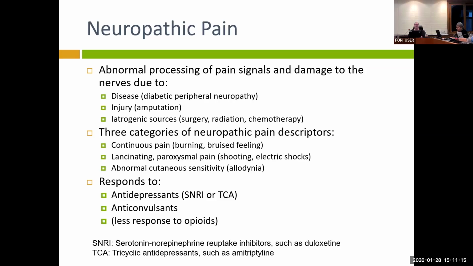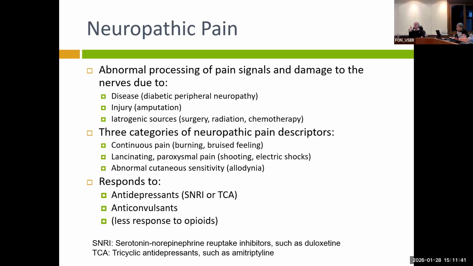With neuropathic pain, there's abnormal processing of pain signals and damage to the nerves. So it could be from the disease, it could be from injury, or for cancer, it's most often related to the treatment: the surgery, radiation, most often chemotherapy.